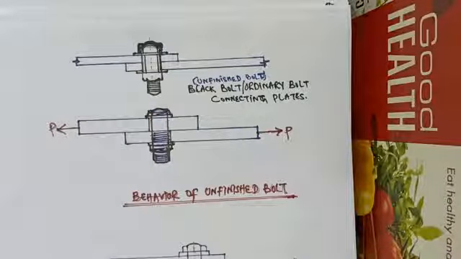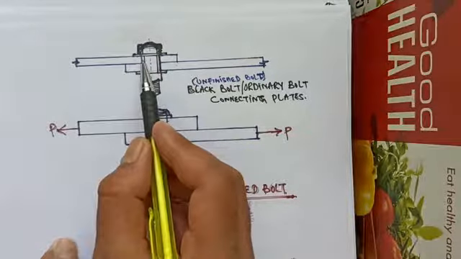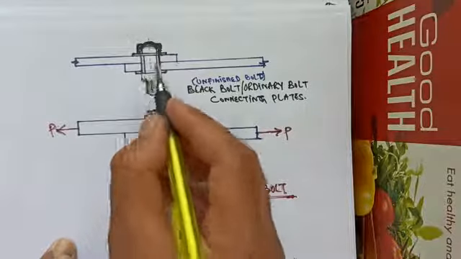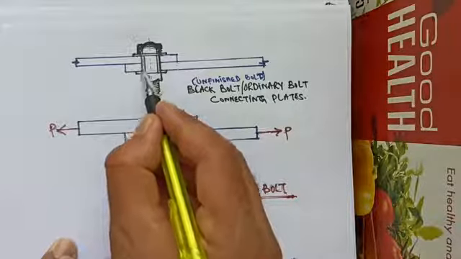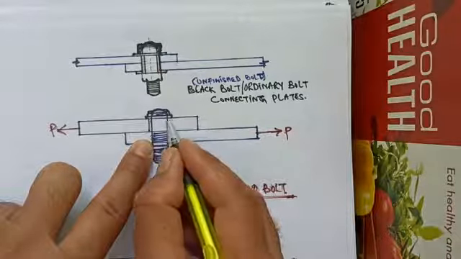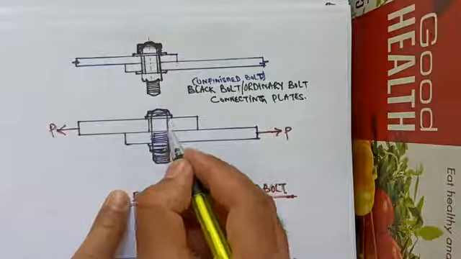When the load is applied on these plates, there is a shearing action on the plates resulting in the slipping of the plates until the shank of the bolt comes in contact with the edges of the hole. As you can see in the figure, the shank is in contact with the plate.